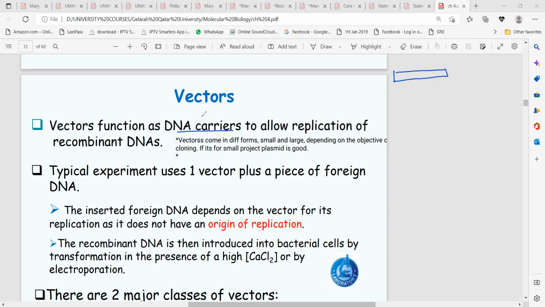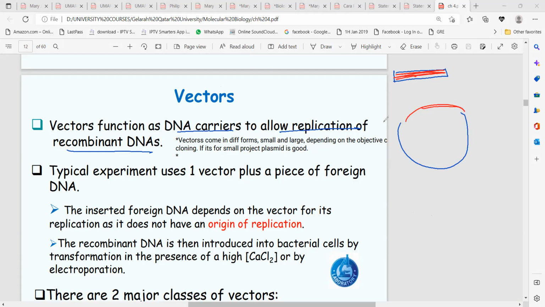Okay. So vectors function as DNA carriers to allow replication of recombinant DNA. Let's say this is the DNA fragment and this is the vector. Now what will happen? This DNA combines here.